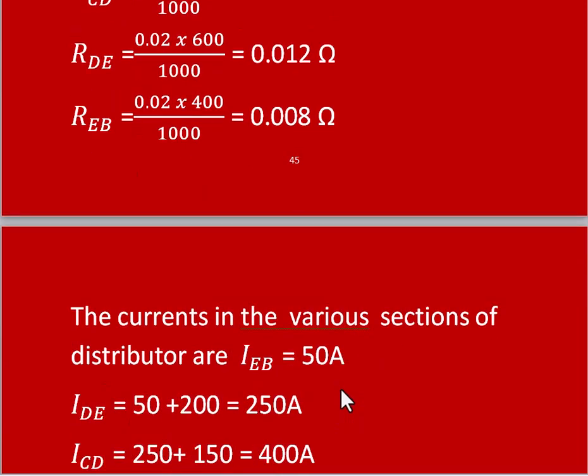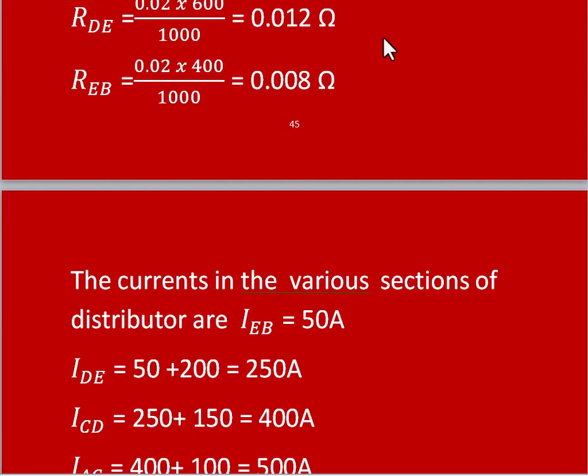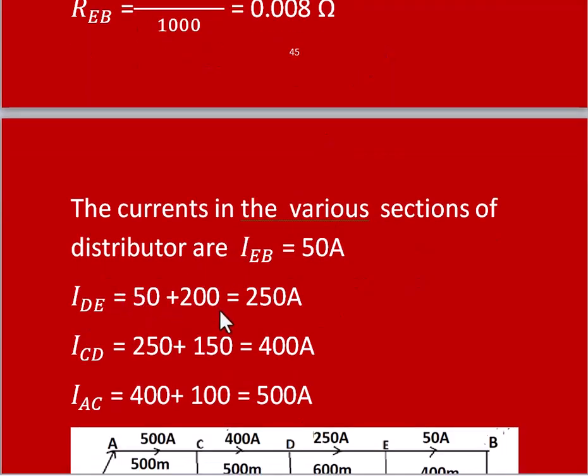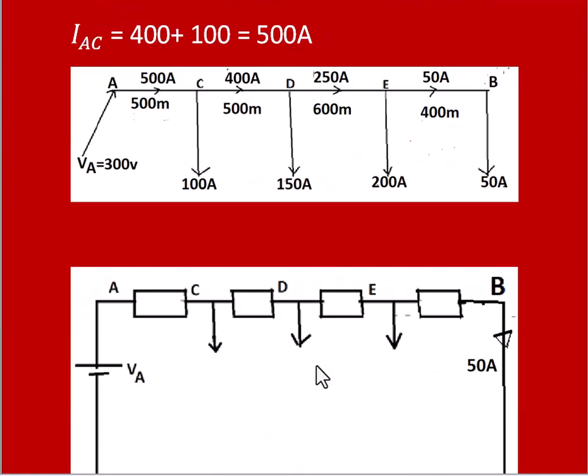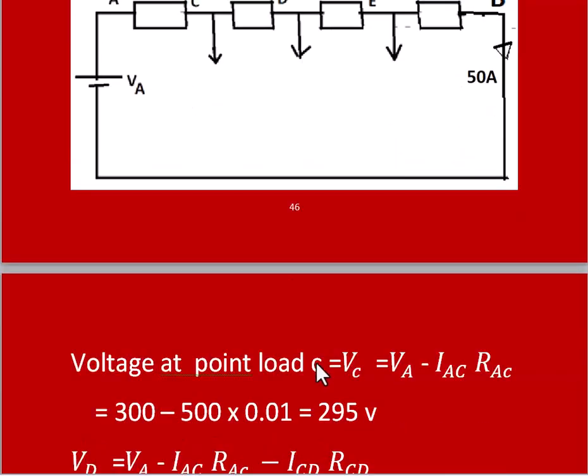Now those calculated section-wise currents can be written like this: IDE is equal to 250 amperes, ICD is 400 amperes, IAC is 500 amperes. And now calculate the voltage at load point C, that is VC.